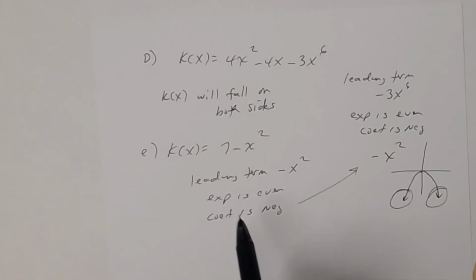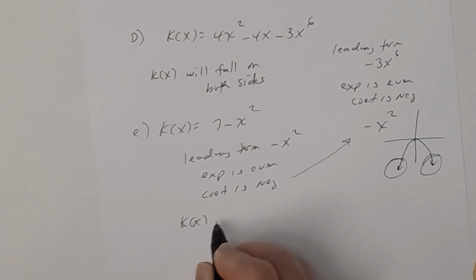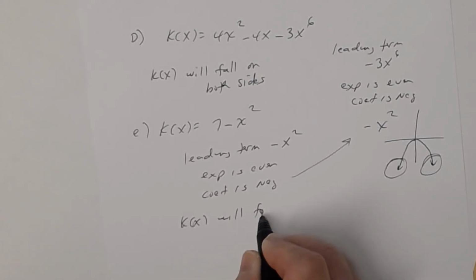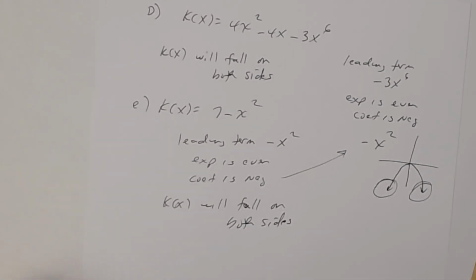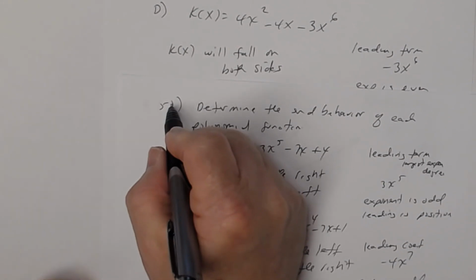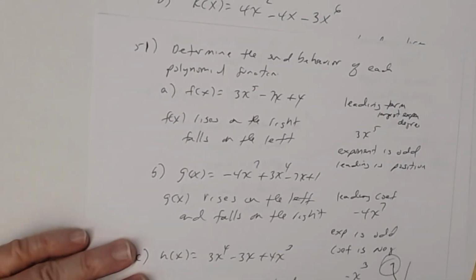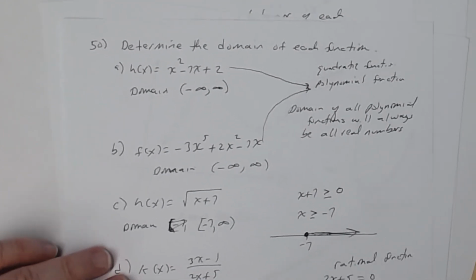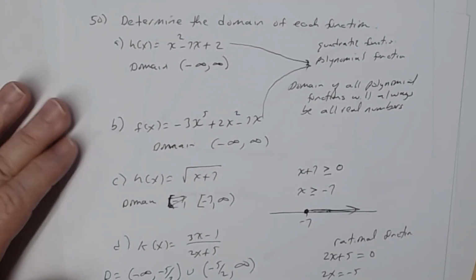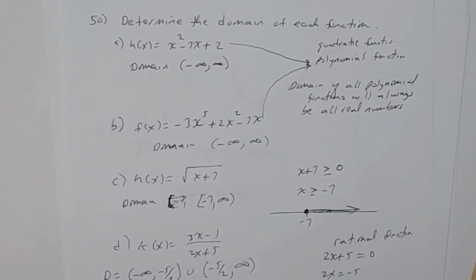You'll just say k of x will fall on both sides. And that's it. That was numbers 50 and 51. Hopefully these problems will help you understand those concepts a little better. That is the end of the key to those two problems.